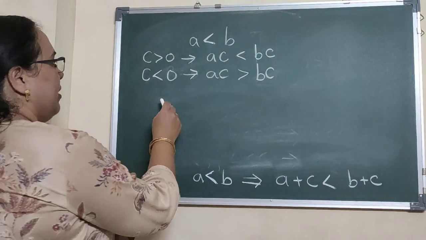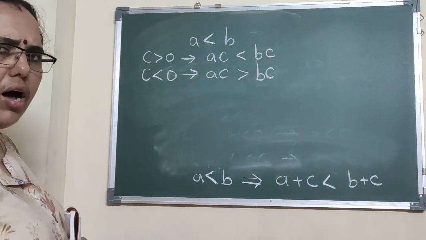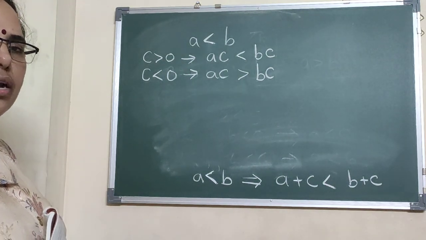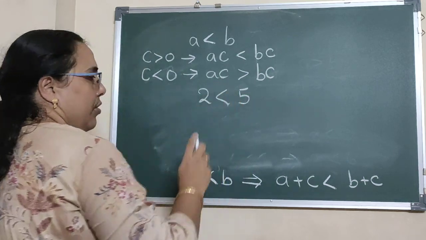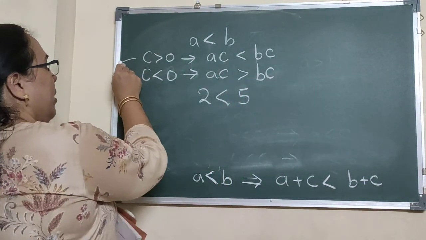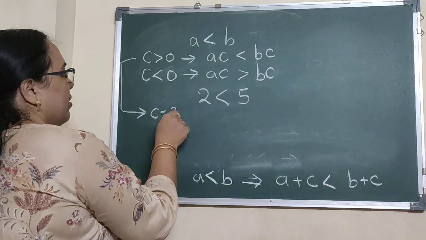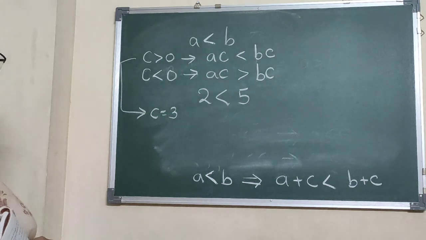Now let us see one example. You can give me positive, negative, there is no harm in that, but I am taking simple numbers so that it is easy for you to correlate, girls. So 2 is less than 5. For the first one, C is positive. Let us take C as 3. Easier for multiplying, right? Table of 3 is very easy.